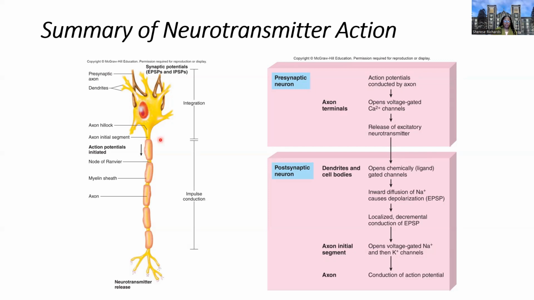And if we are netting at -55 mV with all of those signals taken into account, then we fire an action potential. It moves down the axon of our postsynaptic neuron, and then we start all over again, right? We have neurotransmitter released, and we have this happen all over again.